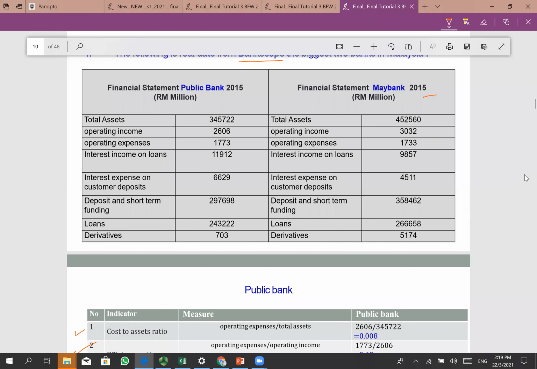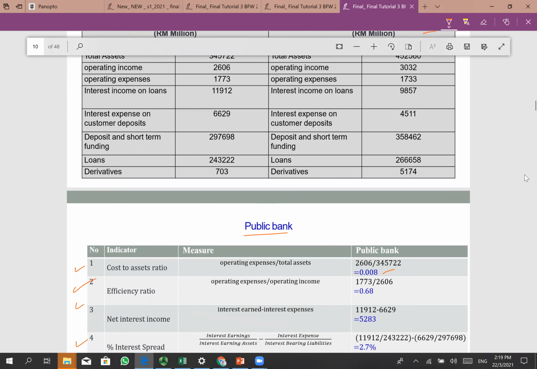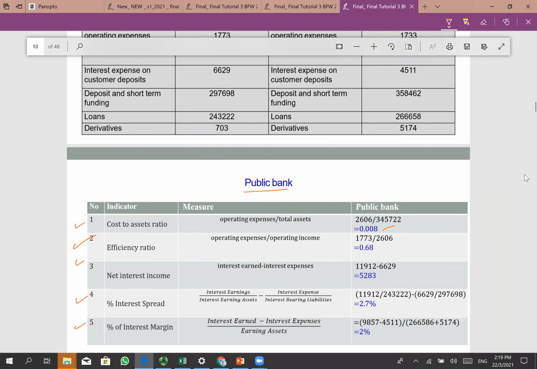When I calculate the cost asset ratio for public bank, I find it 0.8. This is according to the data: operating expenses over total assets according to the formula. And I have the efficiency ratio, which is operating expense over operating income, one of the efficiency ratios. And I had net interest income, interest spread and interest margin.